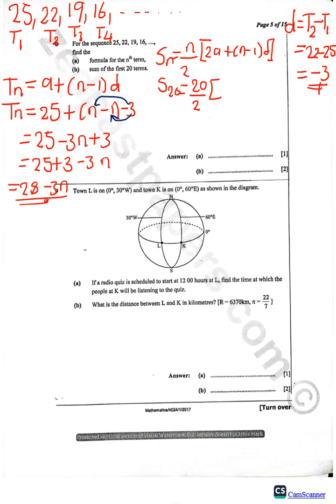Now here we know that a is the first term. Then first term 25 times 2. Here we are going to have 50 plus n is 20 minus 1 times -3. So we can now divide 2 into 20 is 10. Then plus 20 minus 1 is 19 times -3.